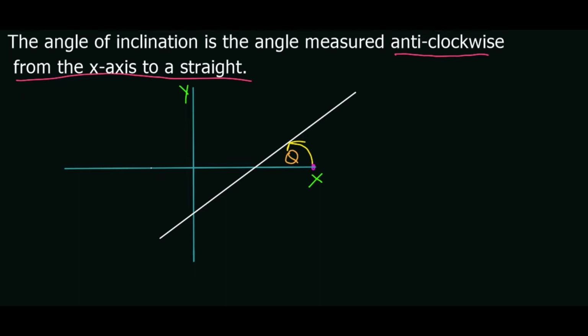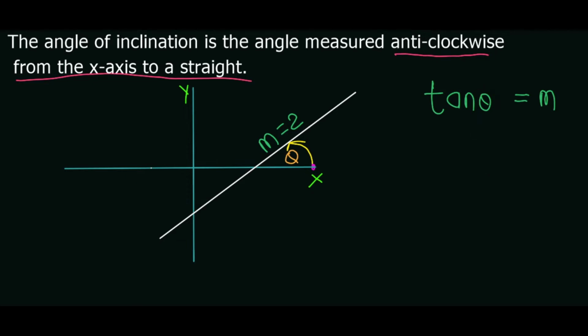So to find this angle of inclination, we need to know the gradient of this line. Let's say the gradient of this line is 2. If we know the gradient of a line, finding the angle of inclination is very easy because we will use this formula: tan theta is equal to the gradient of that line, whereby this angle theta is the angle of inclination.